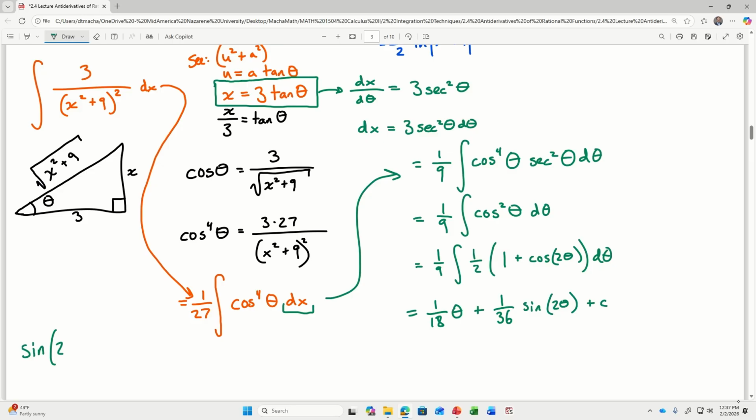It's annoying how many trig identities we use in calculus 2, but sine of 2 theta is equal to what? What's the trig identity I'm searching around for now?